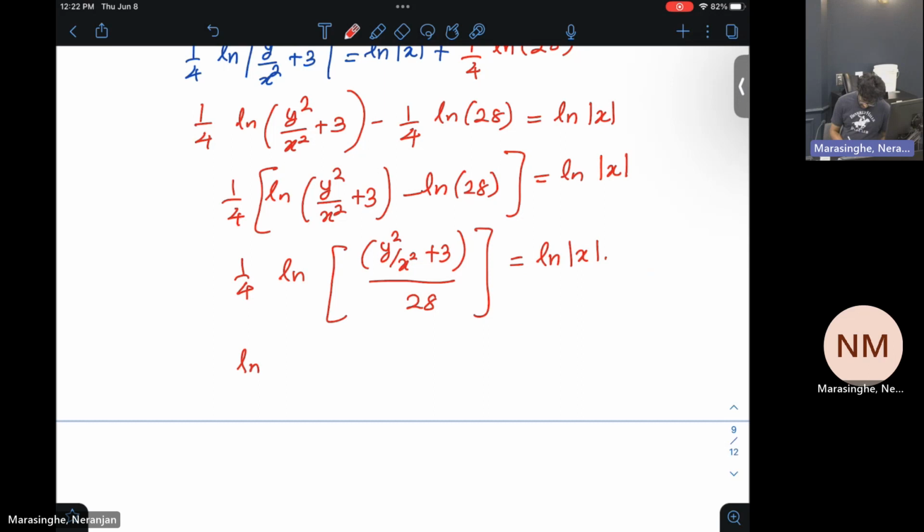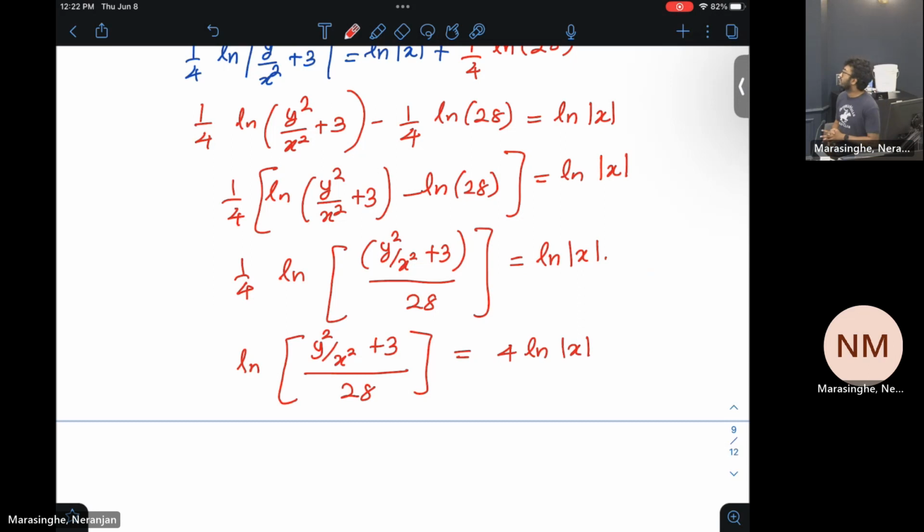Then I would get natural logarithm of (y square divided by x square plus 3) divided by 28 is equal to 4 times ln x. Right. So any questions? I'm playing with algebra, right? It's all about algebra.